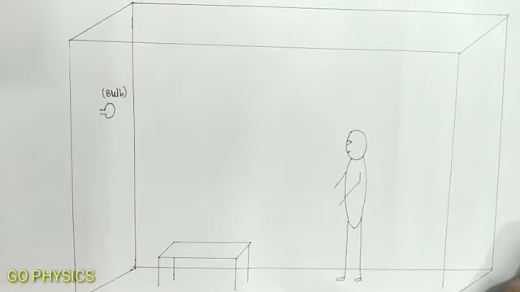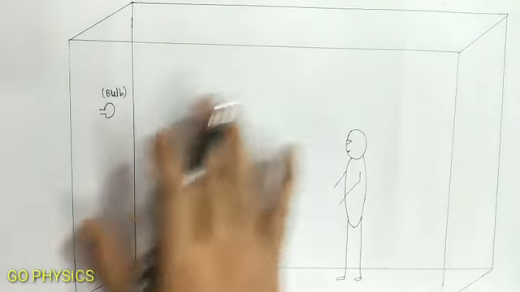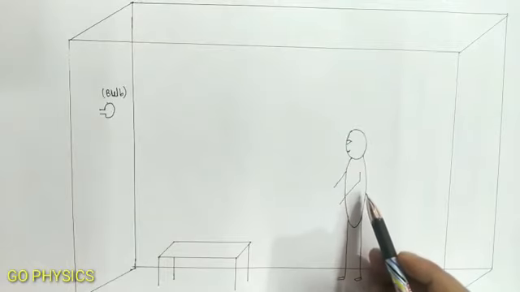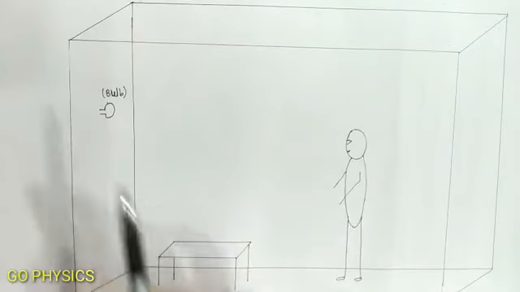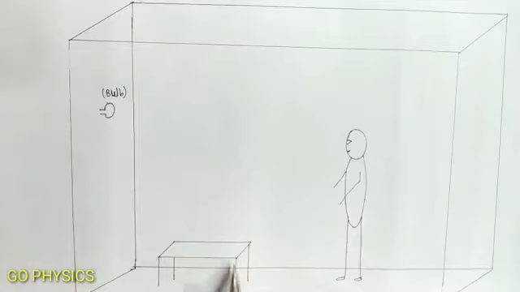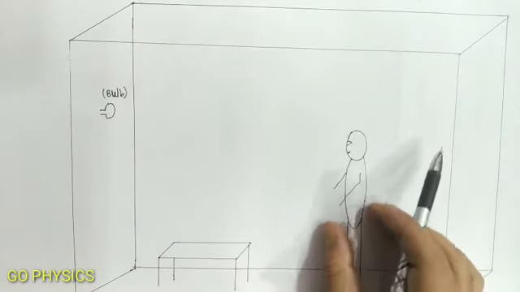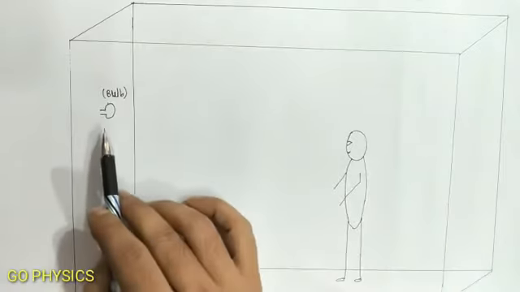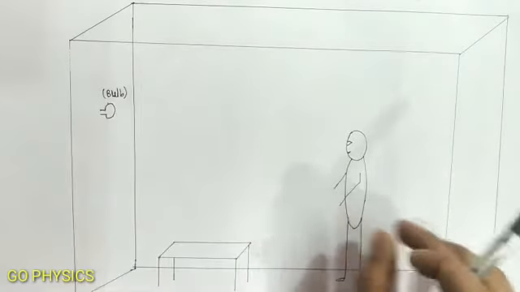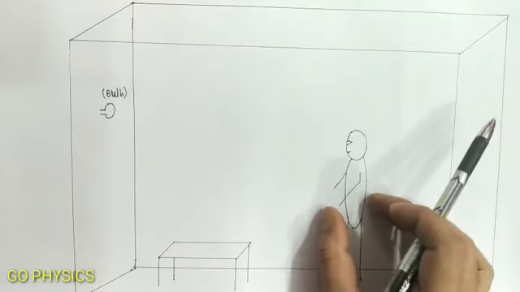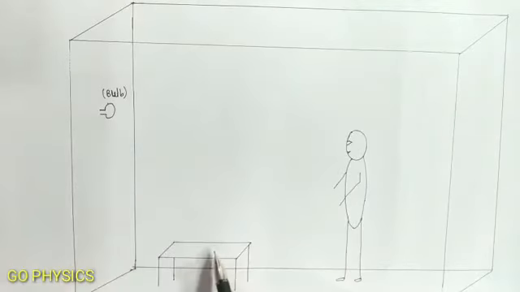Let us consider an example. There is a room inside which a person is there. There is a bulb and I have taken one table. If the bulb is on, then this person can easily see the bulb as well as this table.